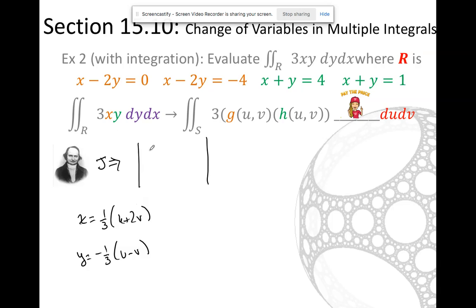So partial x, partial u. Partial x, partial v.